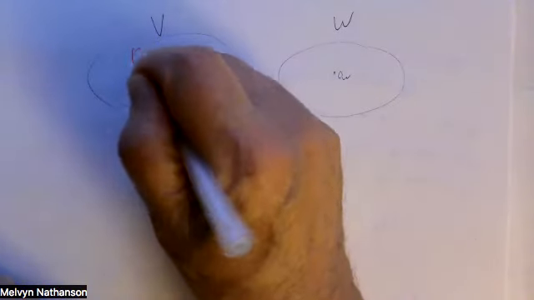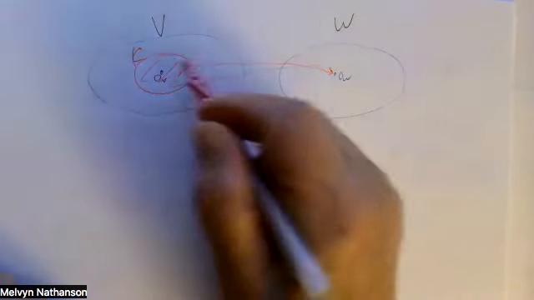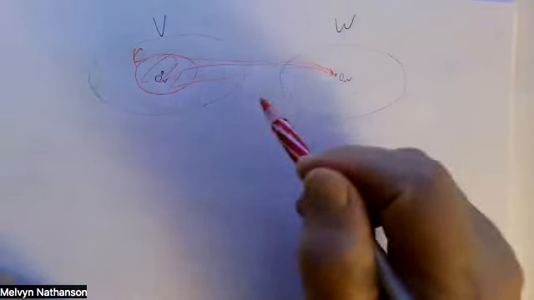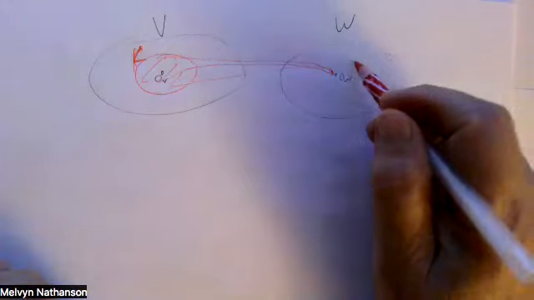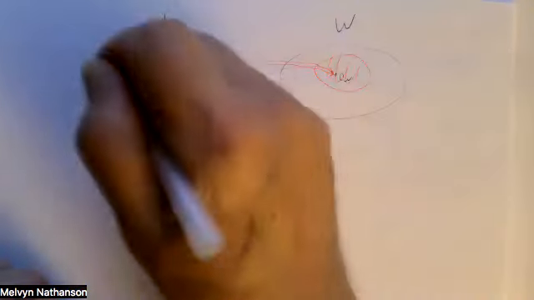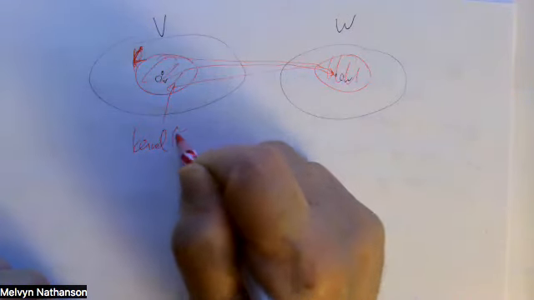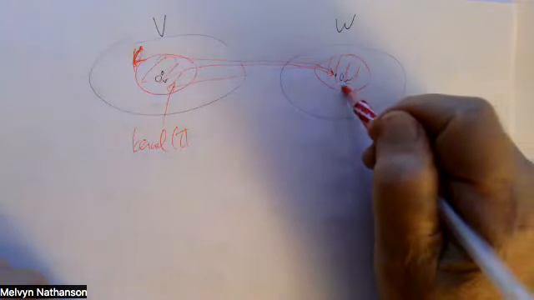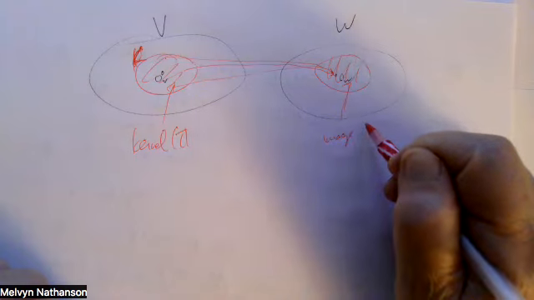Let's call this K, the kernel of T. That's everything that gets mapped to zero. And sitting inside of W is a subspace called the image of T.